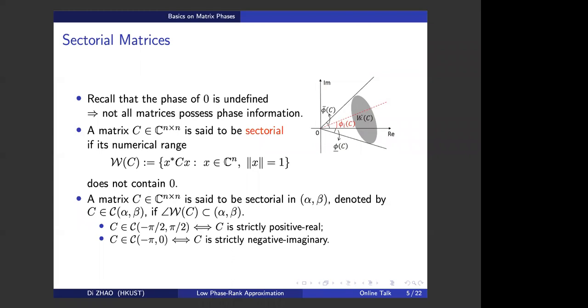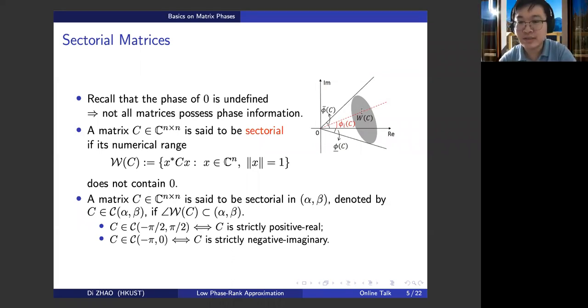So are you narrowing the sector? Is that what happens effectively? Yes, we're narrowing the sector, but I'm not sure if the truncation is just a subset of the original one.